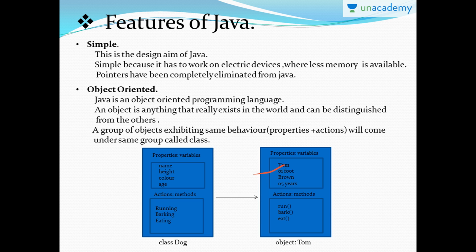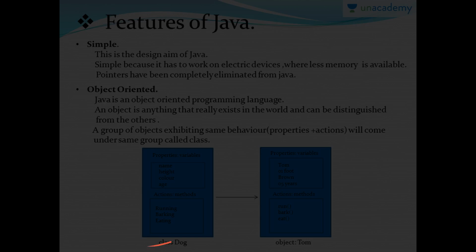It has some properties like name, height, color and age. It also has the same properties, its name, height, color and age, with respect to the class. All these properties and actions are very similar, therefore these both are called a group, which is called a class.